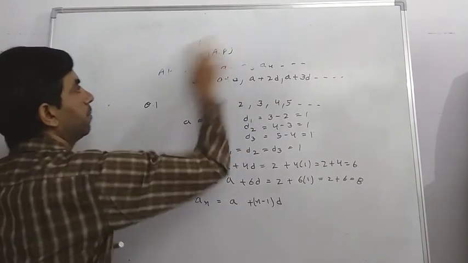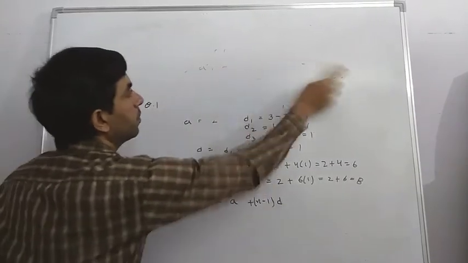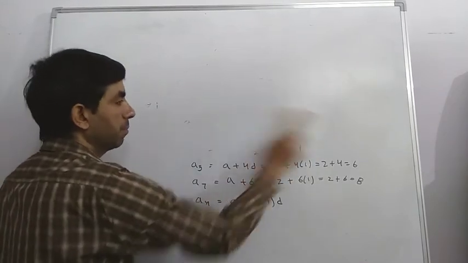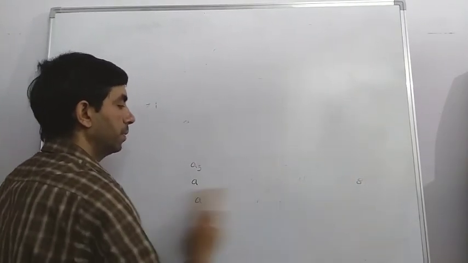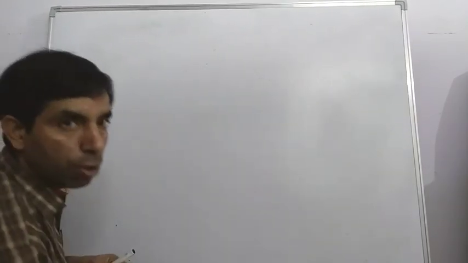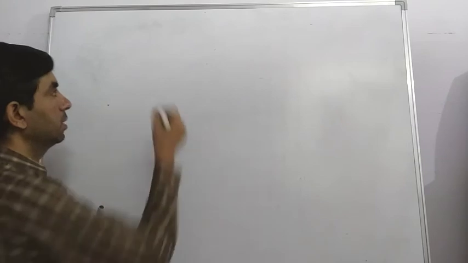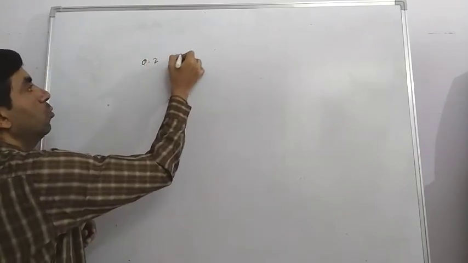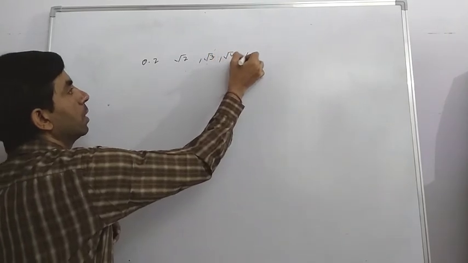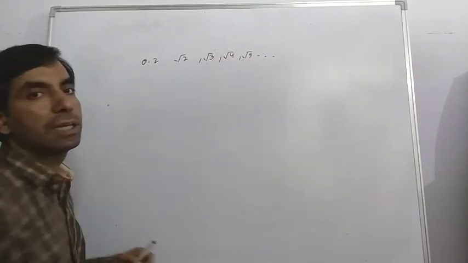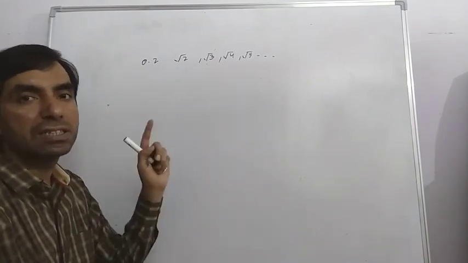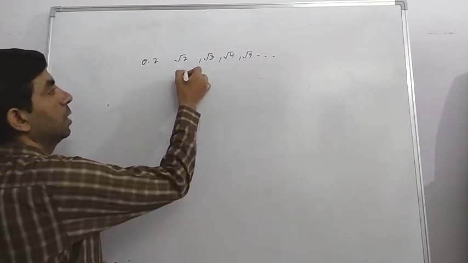But sometimes some series are not AP but look like AP, and then we cannot use this method. Just like the second question: root 2, root 3, root 4 and root 5. Some students think it is an AP series because 2, 3, 4 have the same difference. Not so. The differences are not the same.